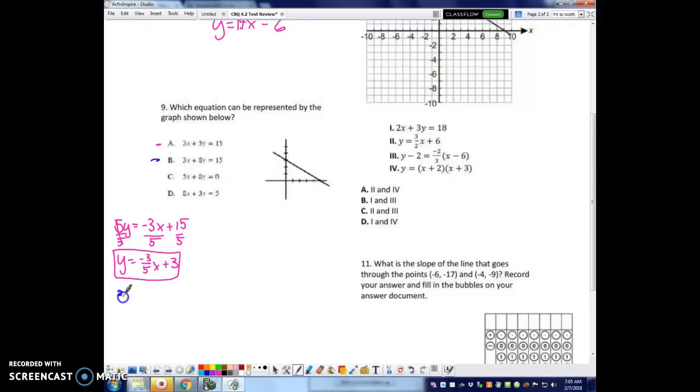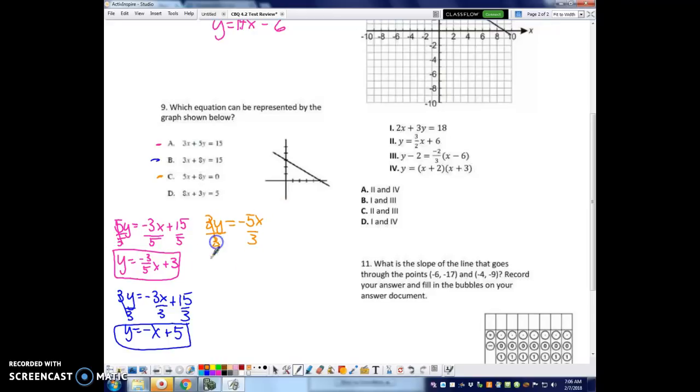So we have 3y equals, we move that 3x over, that's negative 3x plus 15. Divide by 3. y equals negative 3 divided by 3 is just negative 1, x, 15 divided by 3 is plus 5. C, we have 3y equals, move that 5x over, it's negative 5x plus 0, so we don't write anything.